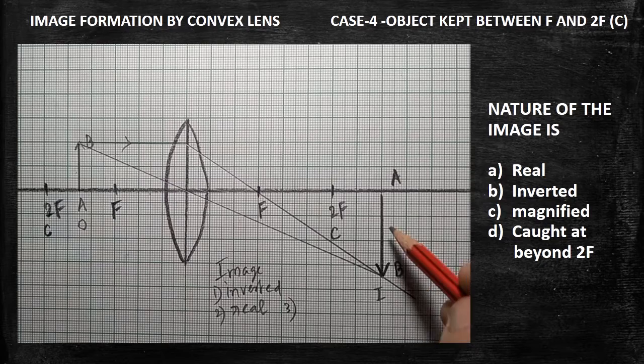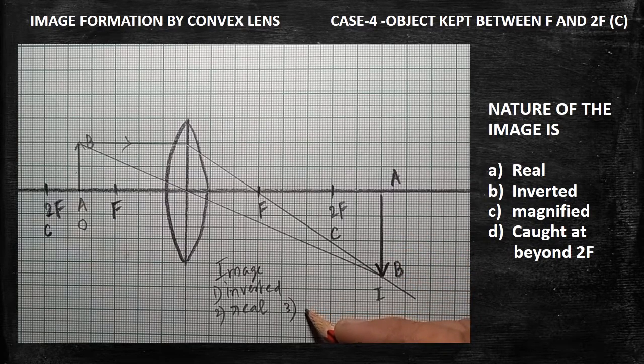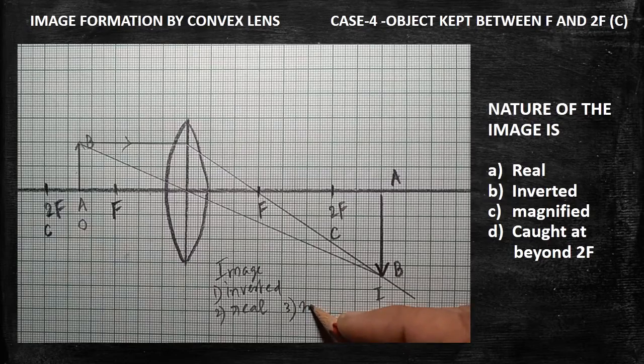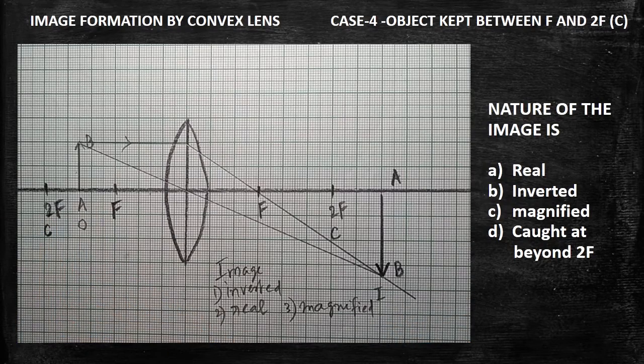So now here we have got an enlarged image, therefore we have to write it as magnified. You are getting a magnified image when the object is placed between f and 2f. Here the lens magnifies the object. Understood?